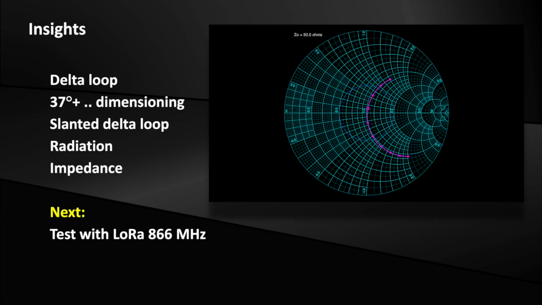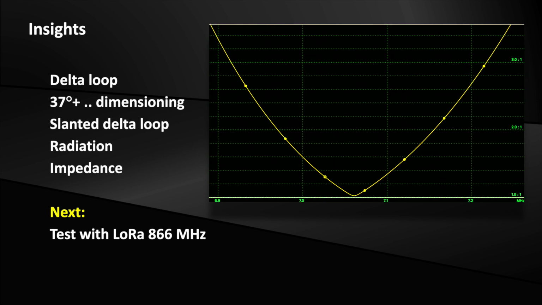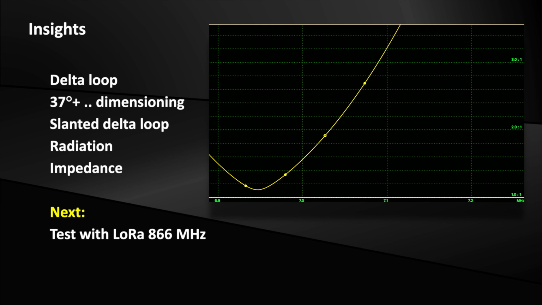The 37-degree delta loop actually has an impedance of exactly 50 ohms at fundamental frequency. A slanted and asymmetrical setup has little effect on the antenna impedance. The shift in the resonance frequency can be compensated by shortening the wire elements.